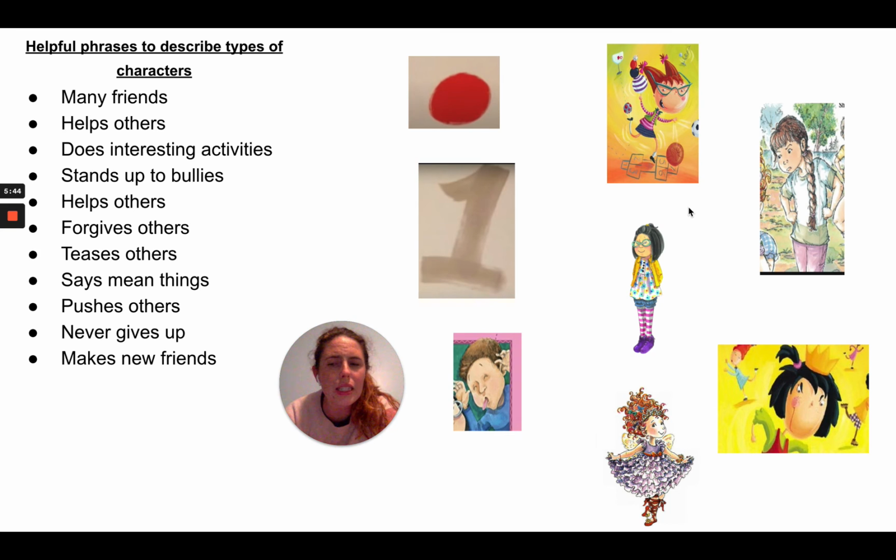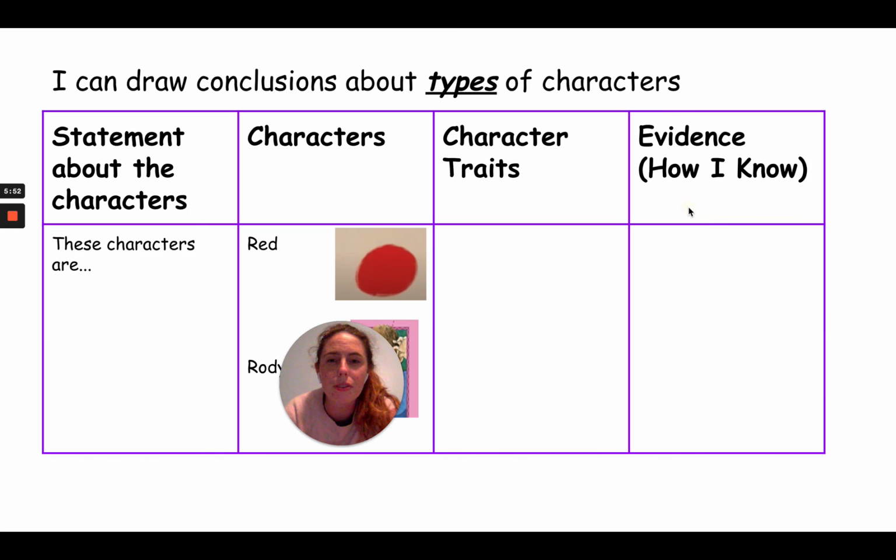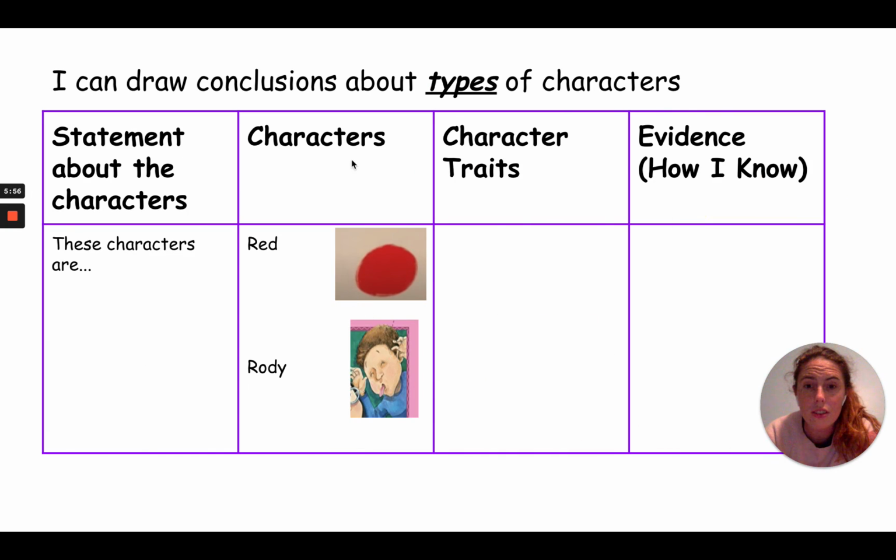When you're ready, I want you to take a look at the graphic organizers, and I paired up some that are a little similar. So we have Red from the book One and Roddy from the book Katie Woo, No More Teasing.